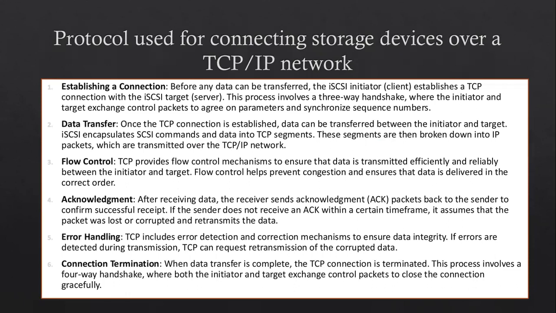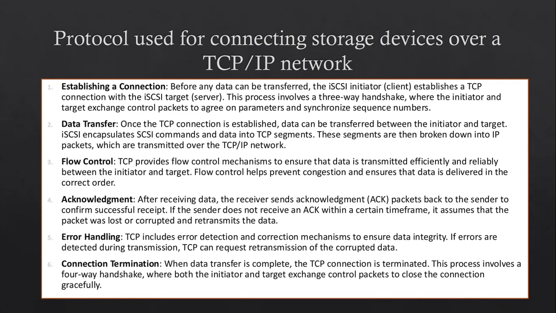Flow control. TCP provides flow control mechanisms to ensure that the data is transmitted efficiently and reliably between the initiator and the target. Flow control helps to prevent congestion and ensures that the data is delivered in correct order. Next is acknowledgement. After receiving the data, the receiver sends acknowledgement packets back to the sender and confirms its successful receipt.